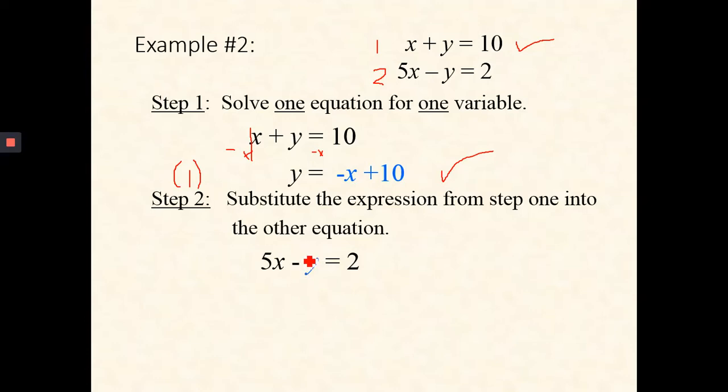Instead of writing y, we are going to write negative x plus 10. So you have 5x minus, you need to enclose this one, negative x plus 10 equals 2.